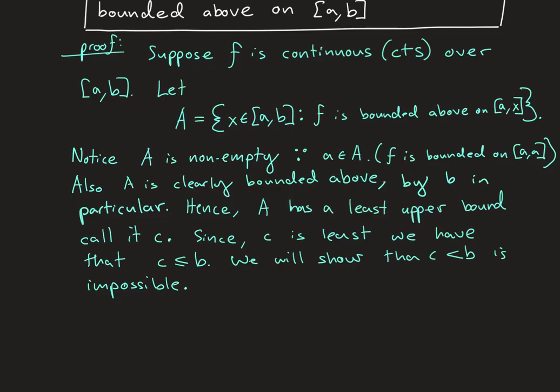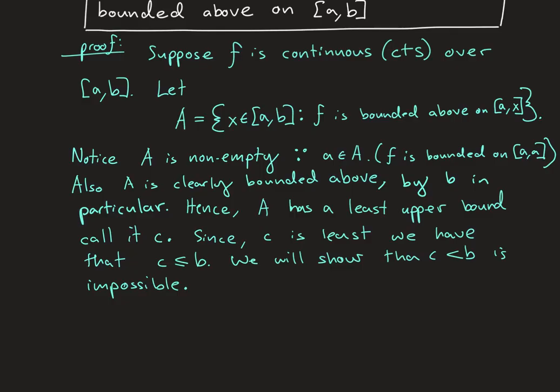What I'm going to show is that this upper bound, in this specific case with this set A, has a very special property. I'm going to show that if I am any element less than this upper bound, then I am a member of A. That's what I'm going to do first, and then we'll be able to show that C being less than B is impossible.